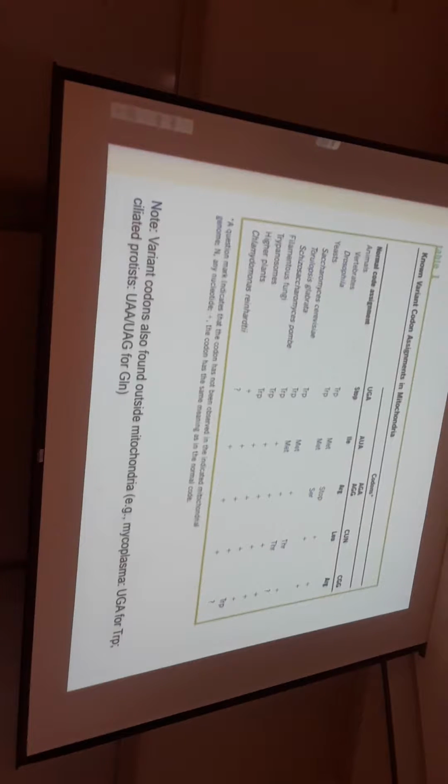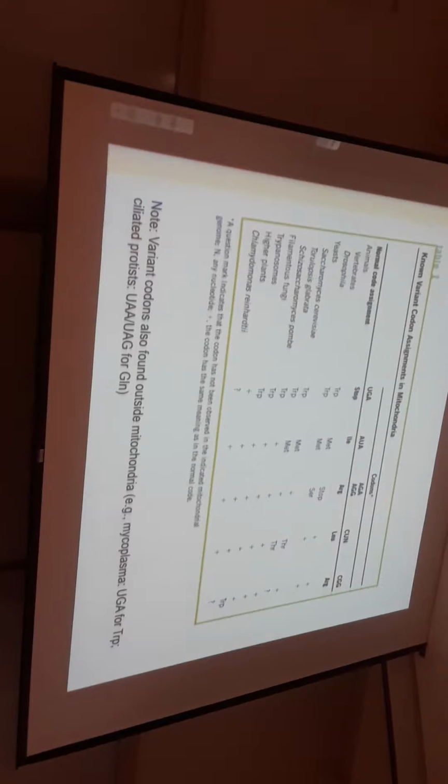Okay, so we talked about the genetic code, and often you read that the genetic code is universal, meaning that all organisms and everything that produces peptides and proteins actually uses exactly the same codons to encode for particular amino acids or for stop codons and things like this.